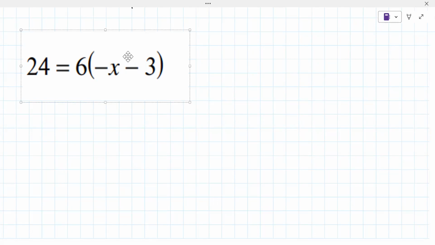-6x. So in the parentheses, would it become -6x, -18? -6x minus 18. Yep. Good.